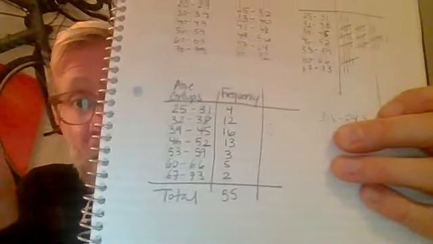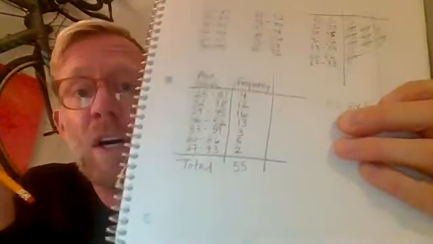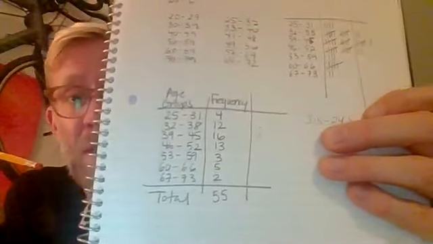So there's a technical distinction between the upper limit and upper boundary and the lower limit and lower boundary. In my example, 25 and 31 are the limits, and the boundaries are where we put the decimals on it. So either way, if you look at the midpoint for that first class, it would be 28.